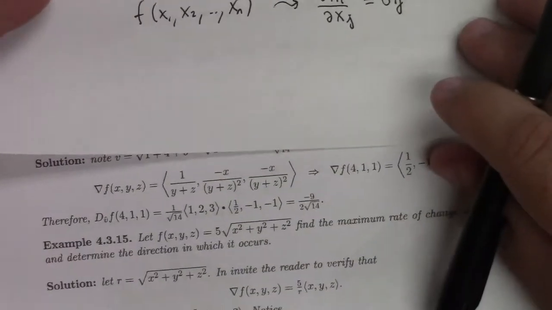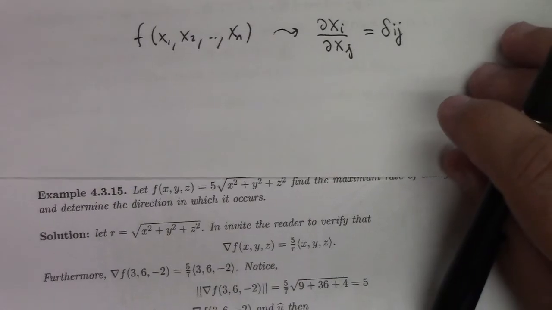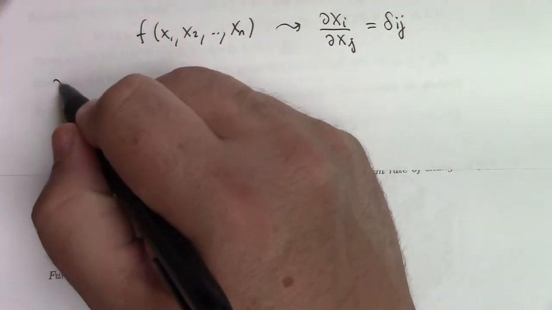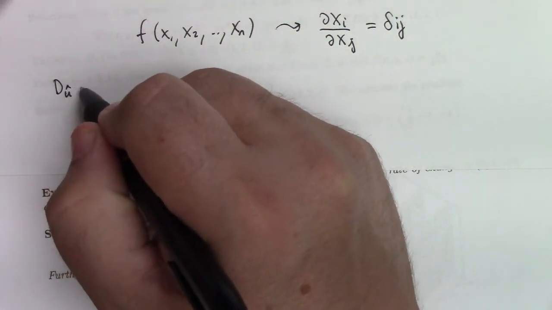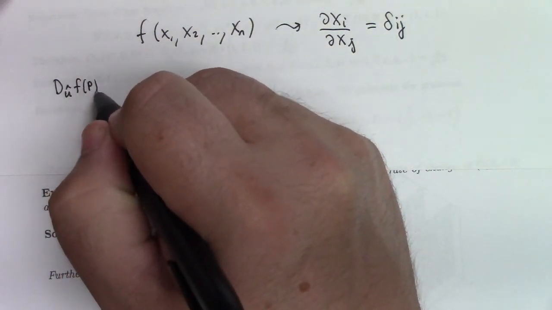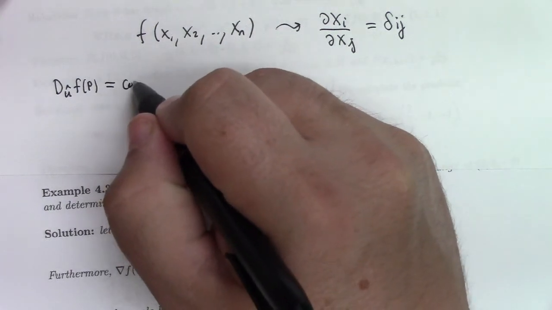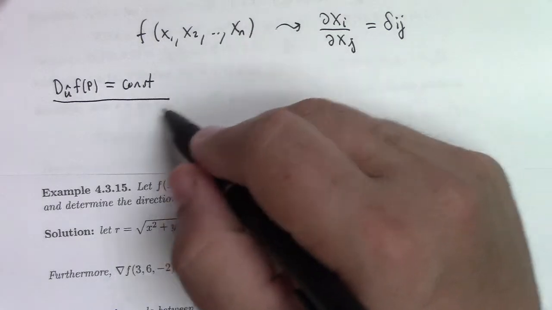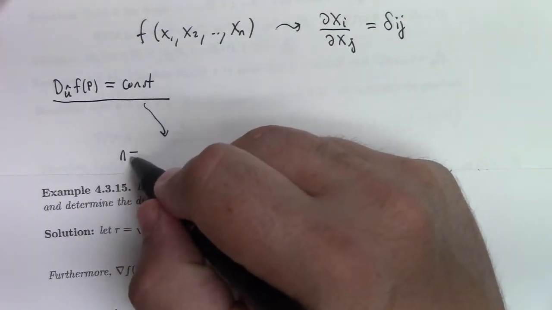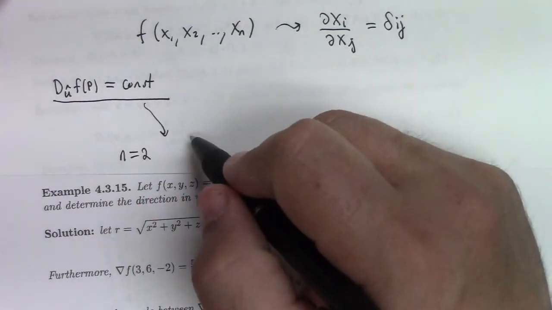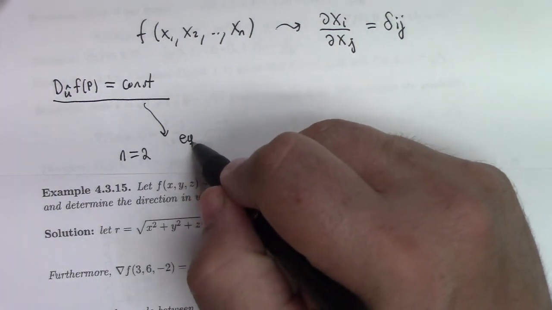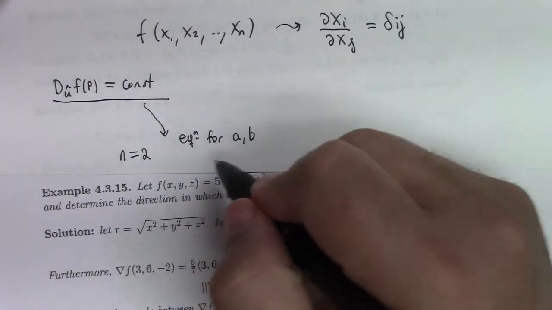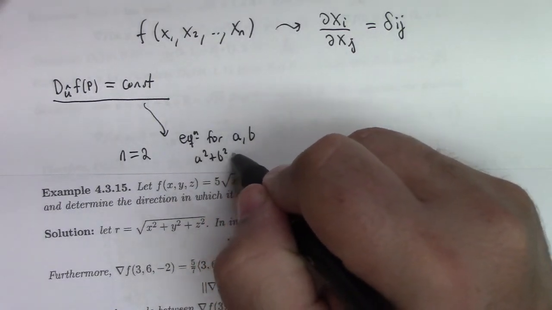So let me just contrast the situation here. If we have the directional derivative in the u hat direction of f at a point equal to some constant, this is the problem. For n equals 2, we've got an equation for a and b, and we also have a squared plus b squared equal to 1.